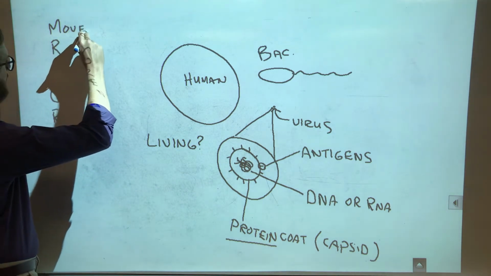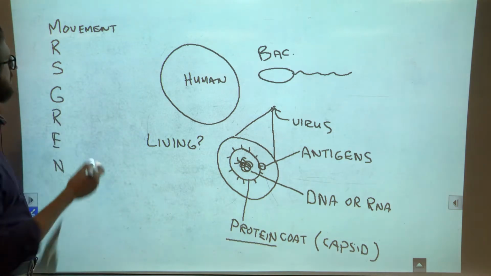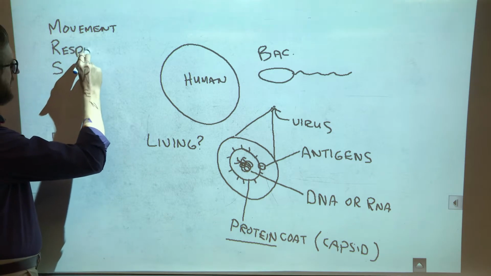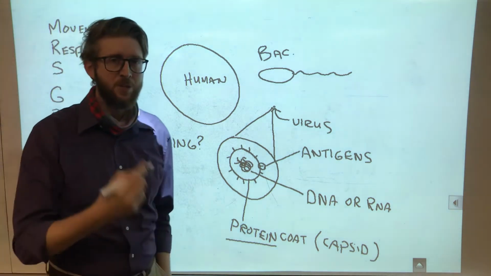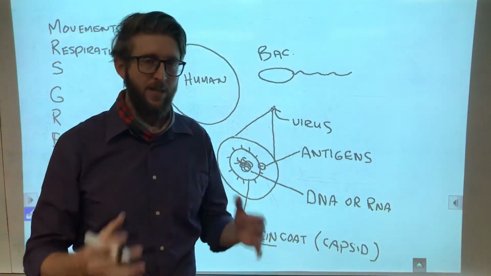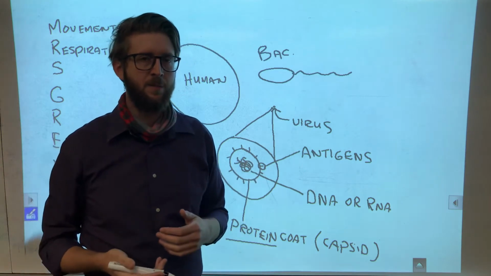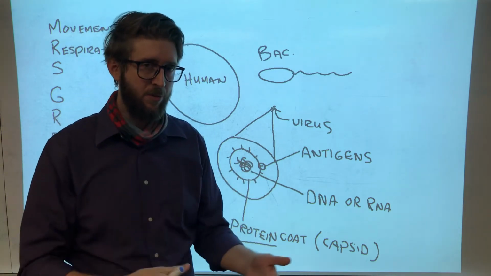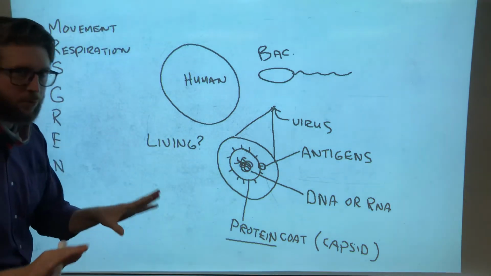M stands for movement. Something has to be able to move to be considered alive. R is respiration. It has to be able to perform respiration, not just breathing, but breaking down food, like in cellular respiration, what we talked about in the last lesson. Cellular respiration, breaking that down for food and getting energy out of that food, that's respiration, not just breathing.